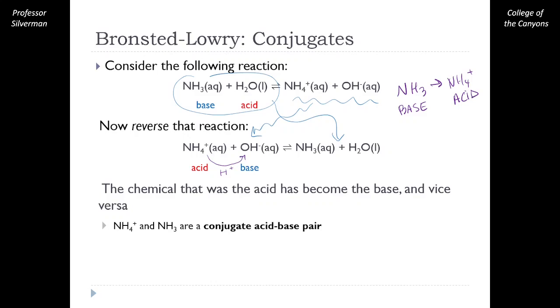We can also do this with our water and our hydroxide. Water turned into OH-. In this reaction, water acted as an acid, and it turned into hydroxide, which was acting as a base when it was doing the reverse reaction.